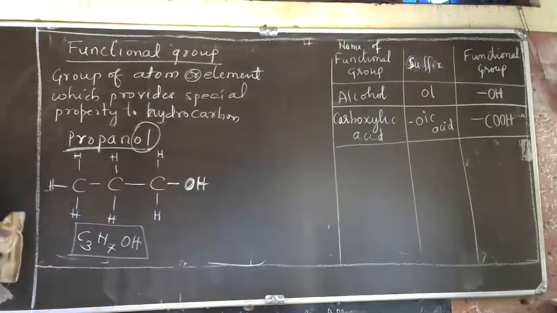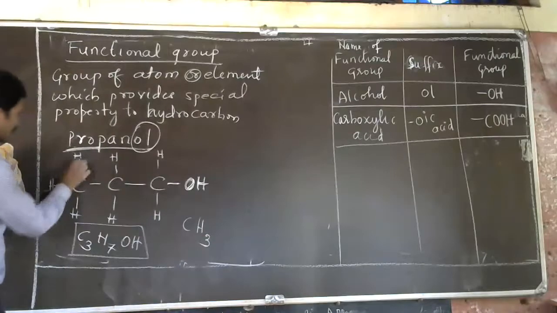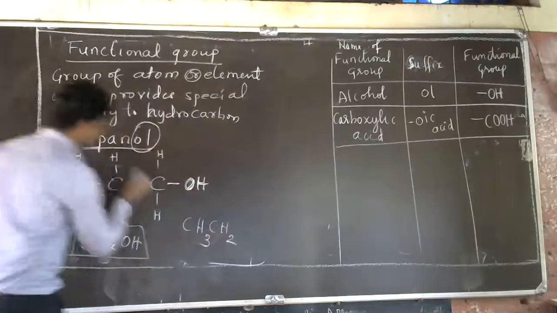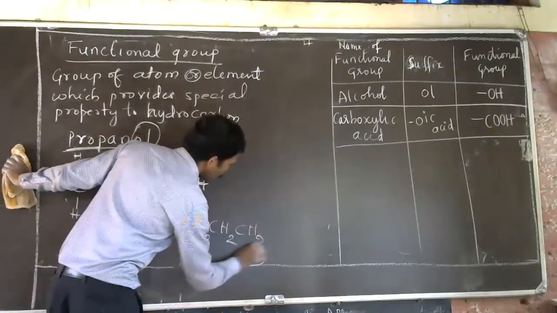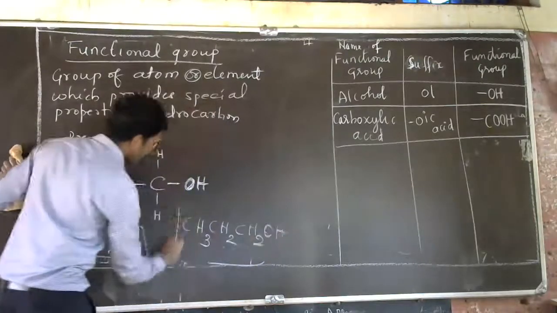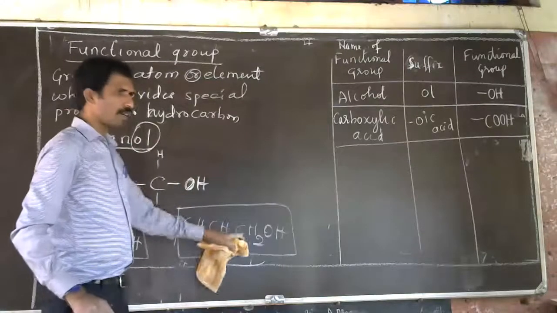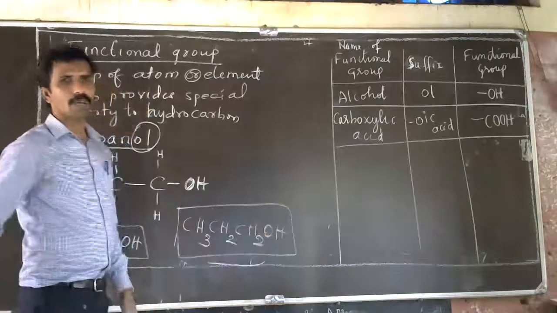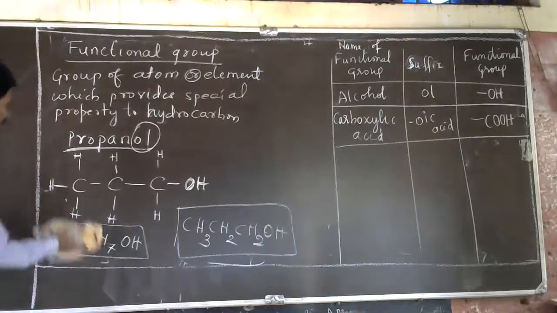Or we can write like this also: CH3, CH2, and CH2OH. And this is called propanol. 3 carbons are there, prop, and OH is there, that's why it becomes propanol. I hope you are getting my point.